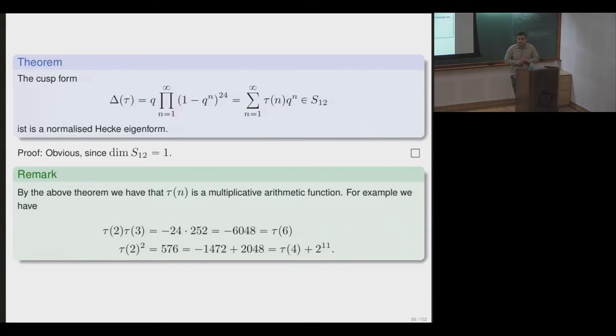But now it is almost obvious, because the space of cusp forms of weight 12 is one-dimensional, and the Hecke operators act on this space, so there's only one chance: this must be an eigenfunction, because there are no other modular forms you can put this into. And so it is an eigenfunction, and therefore the Ramanujan tau function has to satisfy multiplicativity properties.